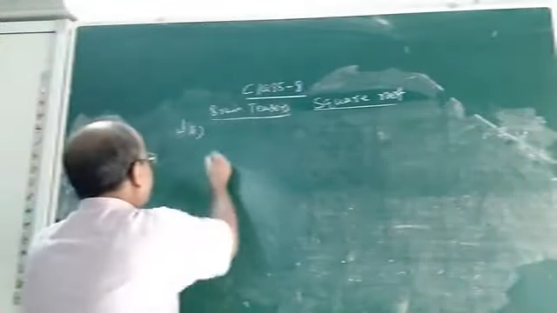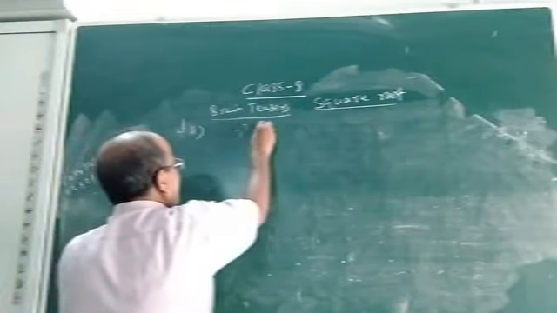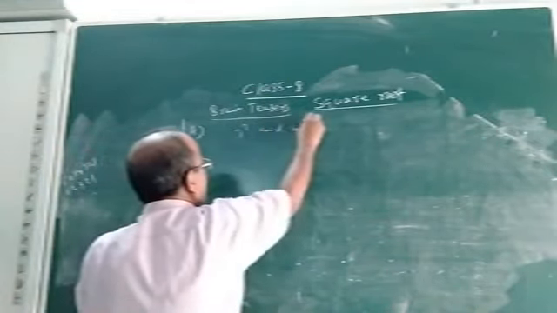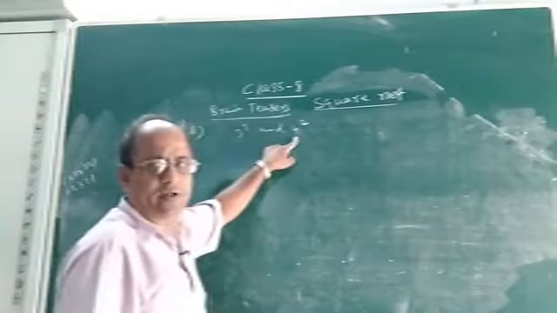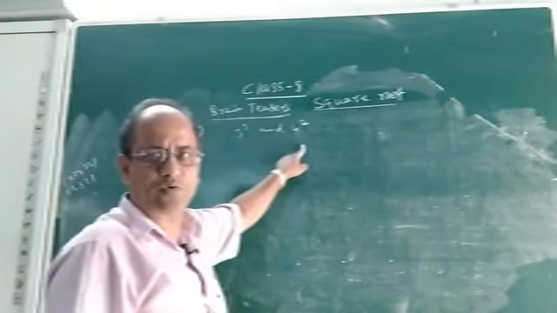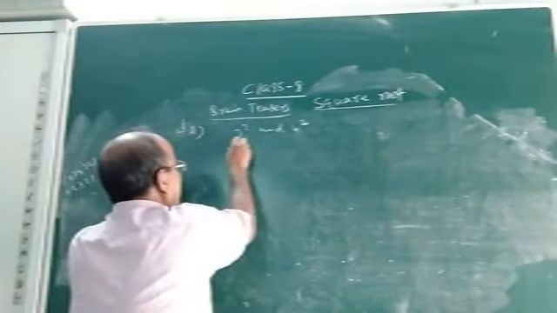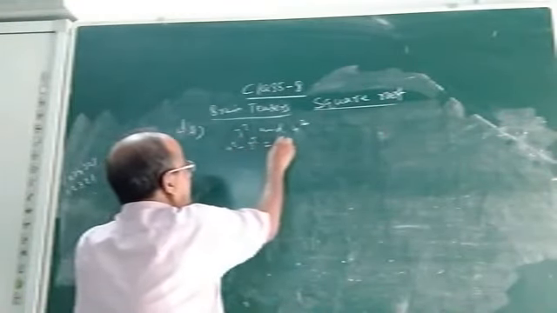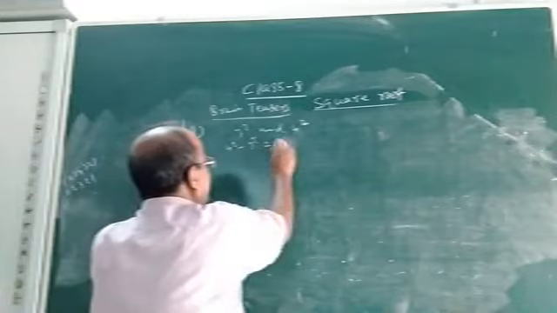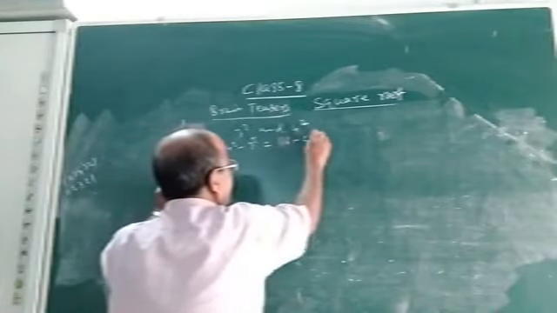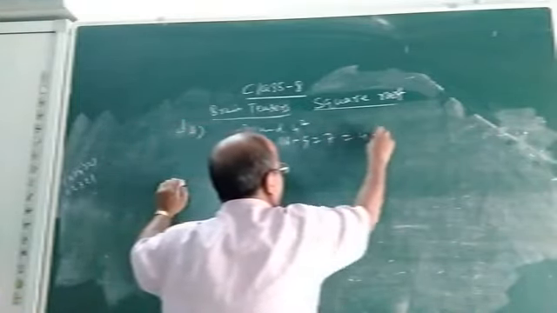What does it mean? Suppose 3 square and 4 square. 3 and 4 are two consecutive natural numbers. You take the squares and take the difference. So what will be the answer? 4 square minus 3 square equals how much? 16 minus 9, which is 7, which is equal to 4 plus 3.